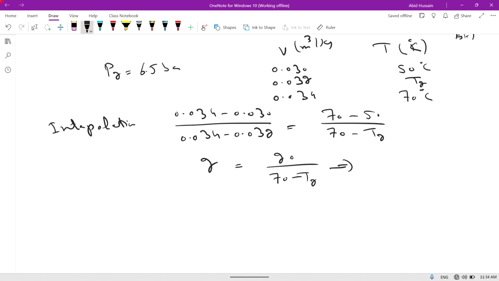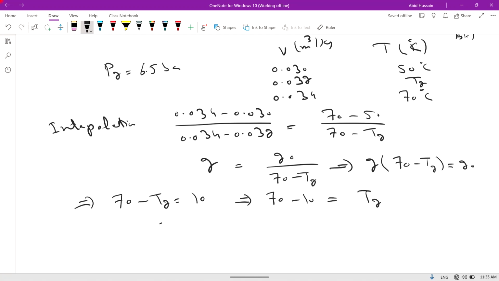Cross multiply: 2 into 70 minus T2 is equal to 20. Both sides divided by 2, so 70 minus T2 is equal to 10. Rearranging, 70 minus 10 is equal to T2. So T2 is equal to 60 degrees centigrade.